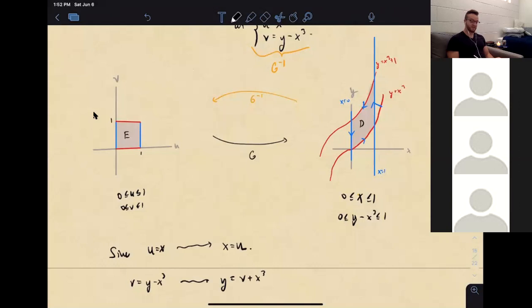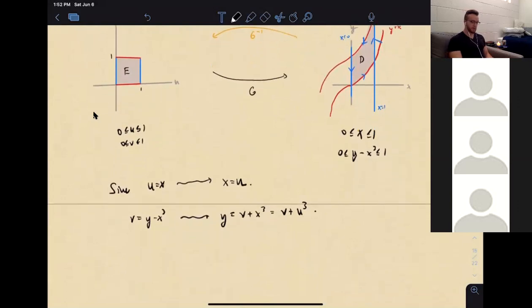But what is X? It's U. So this is V plus U cubed. I'll look at your question in a second, John. I'll finish this off. What this tells us is that G as a function of U and V is X comma Y. X is U, and Y is V plus U cubed.